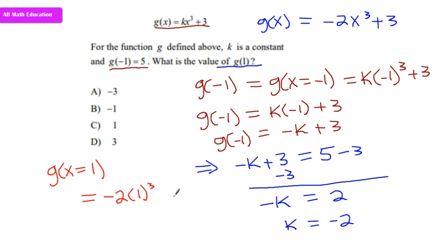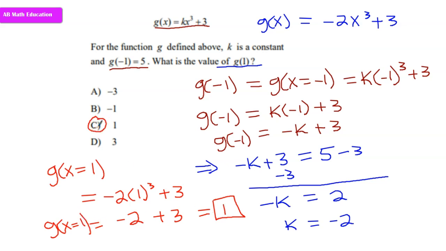So negative 2 times 1 cubed plus 3, and here will be just negative 2 plus 3. And that is equal to 1. So the answer is 1. g of 1 is 1. So here C is a good option.